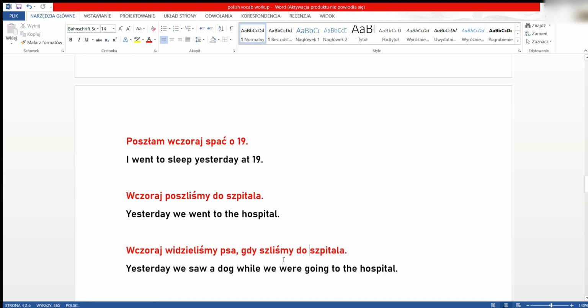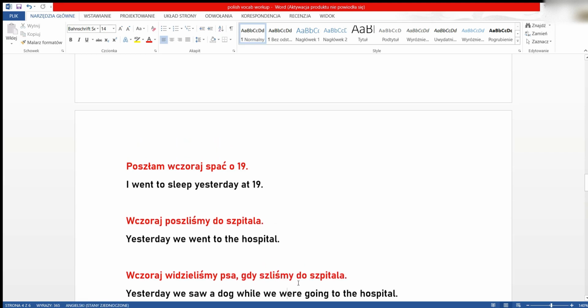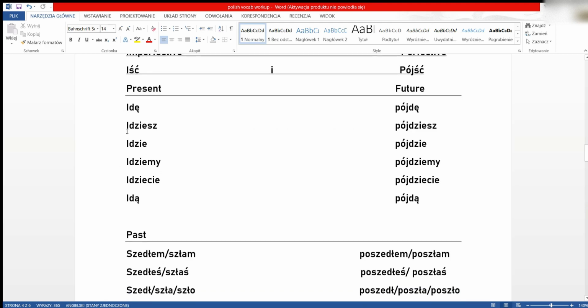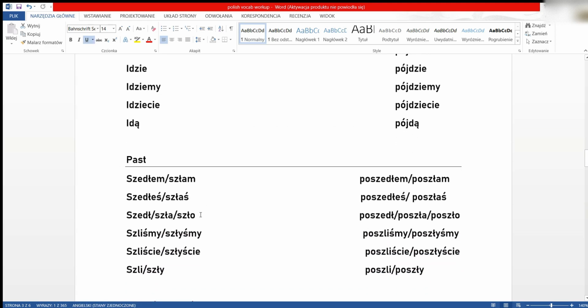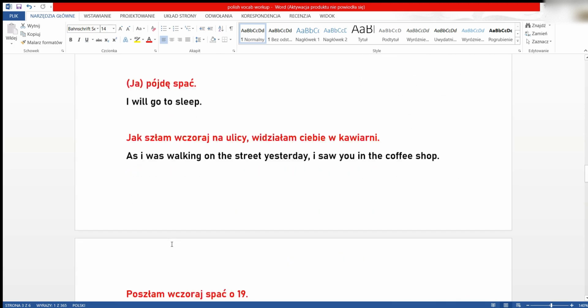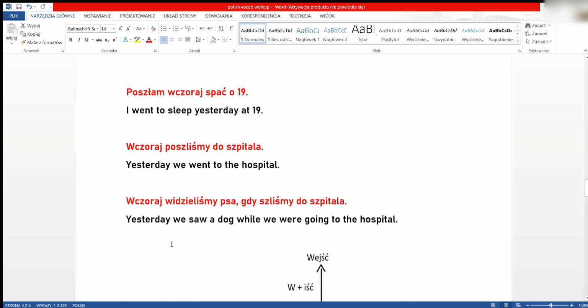So here, szliśmy instead of poszliśmy, because here it's continuous past. We were going do szpitala. So we use iść, which is the imperfective, which conjugates in the past to szliśmy, if you're saying we. I hope this example made the difference clear.